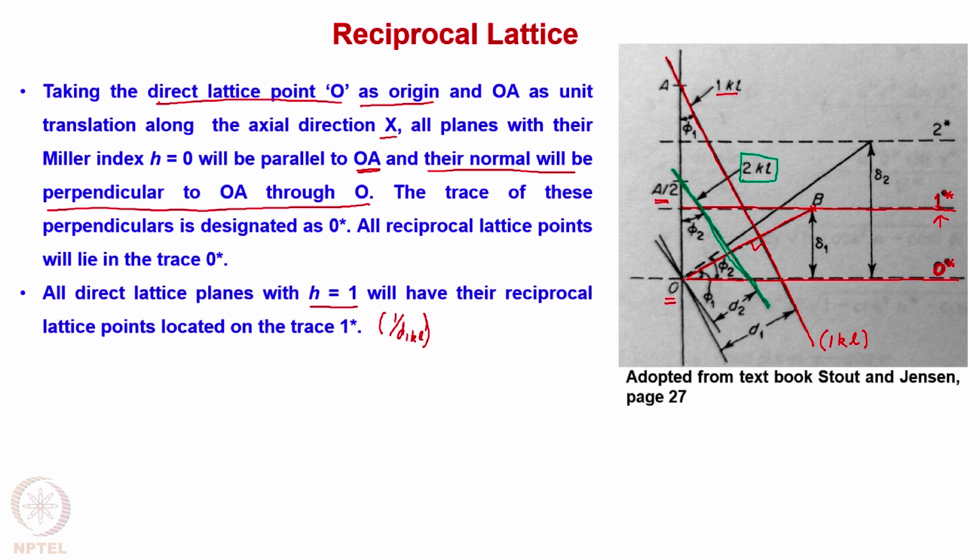So the normal from the direct lattice origin O to that is then terminated at one place, which once again falls on the line marked as 2 star.